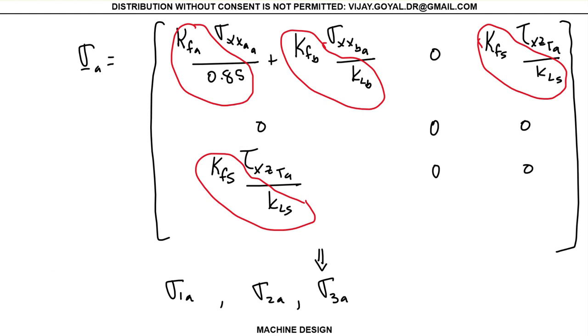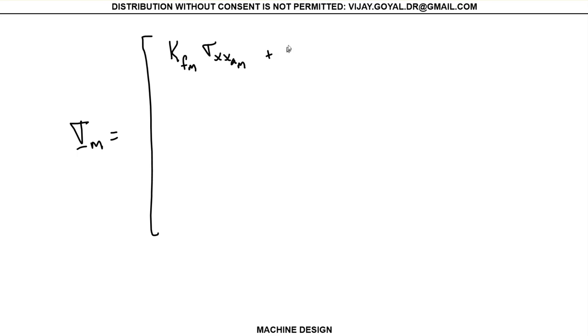Now, if you're working for the case of the mean state of stress, it is equal to KFM. It's not too complicated there because it's all in mean. We don't have any load factors applied here.